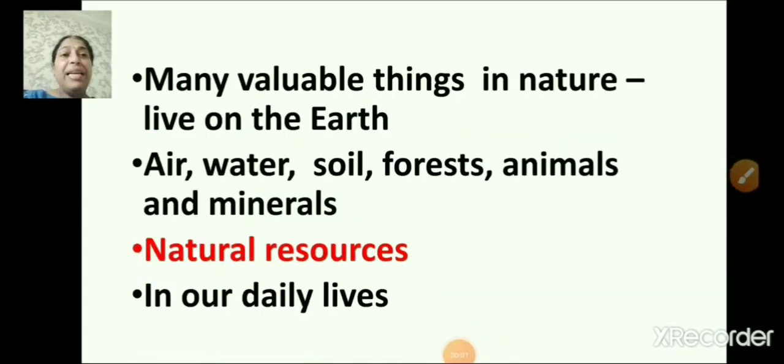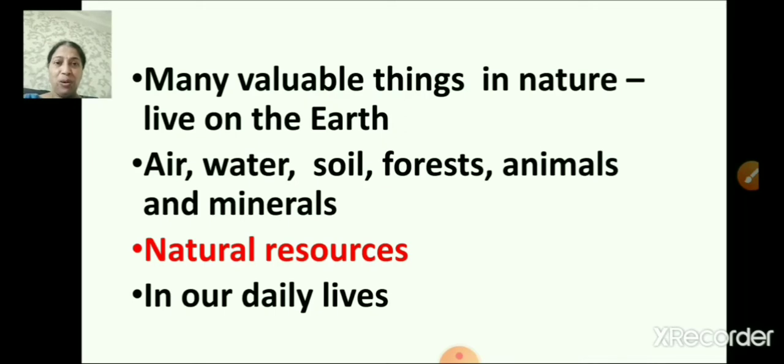There are many valuable things in nature that are necessary for us to live on the earth. Some of these are air, water, soil, forest, animals and minerals.